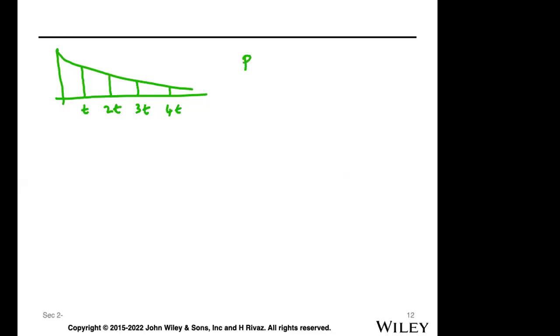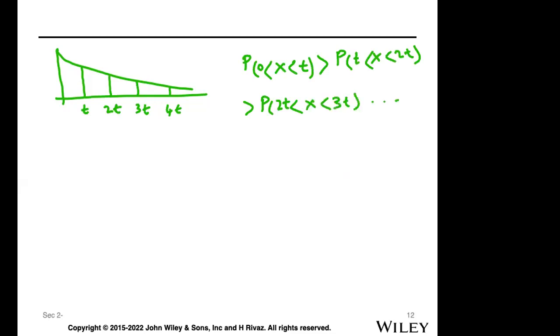So the probability that my x is between 0 and t is more than the probability that my x is between t and 2t, and that is more than the probability that my x is between 2t and 3t and so forth, right? We can see that clearly from the curve. This is more than this is more than this, and so forth. So the probabilities do decrease, and that is not anything to do with the memoryless property.